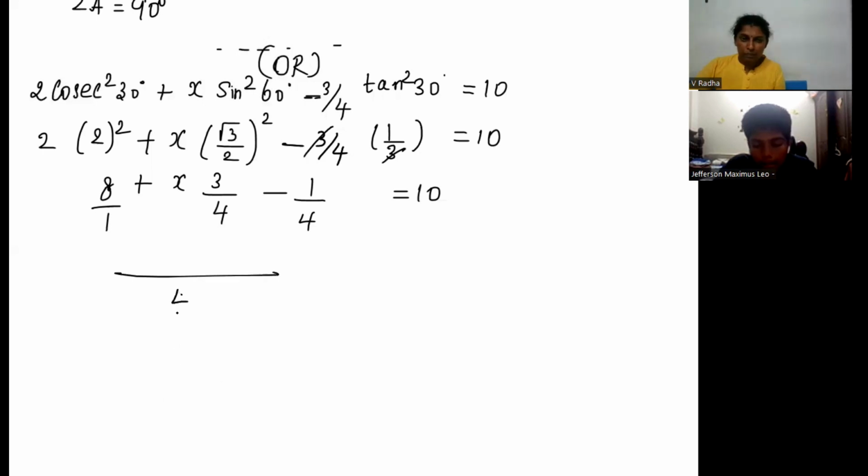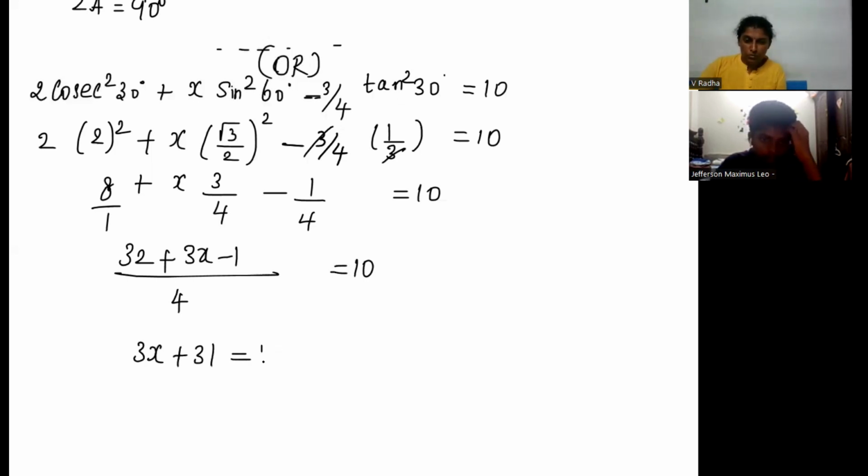LCM is 4, it is 32, plus 3x minus 1 is equal to 10. So 3x plus 31 is equal to 40. So 3x is equal to 40 minus 31, 3x is equal to 9.